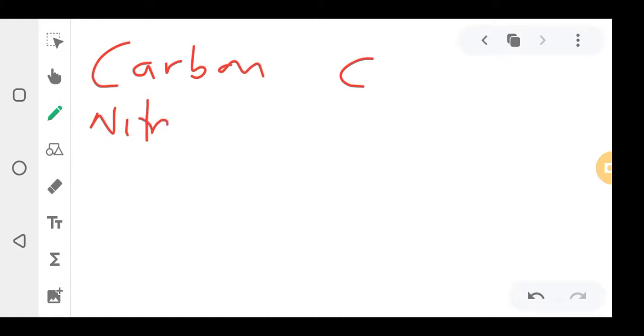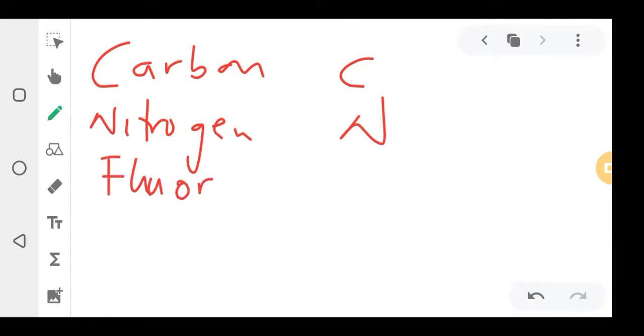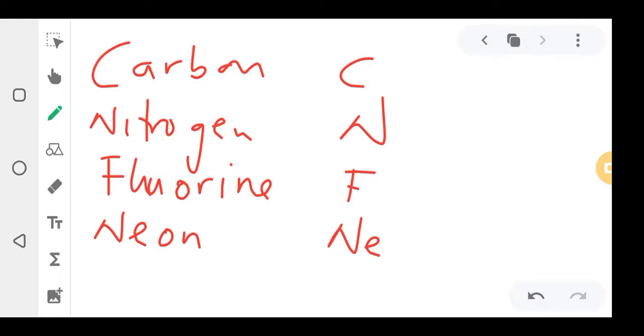Nitrogen, the symbol is N. So if they write N for you, they mean nitrogen. We have fluorine, F. We have neon, Ne.